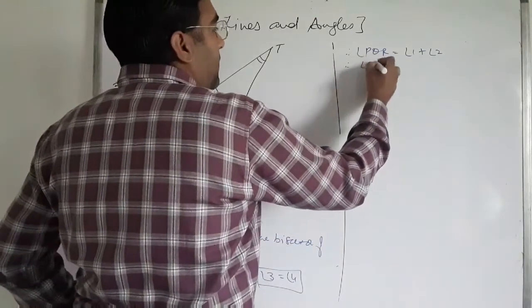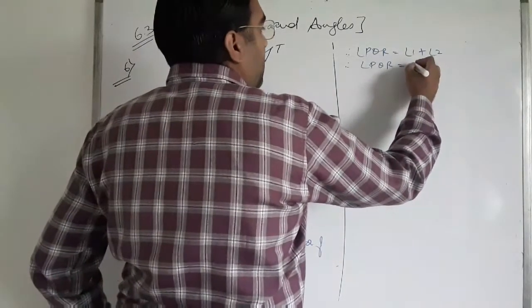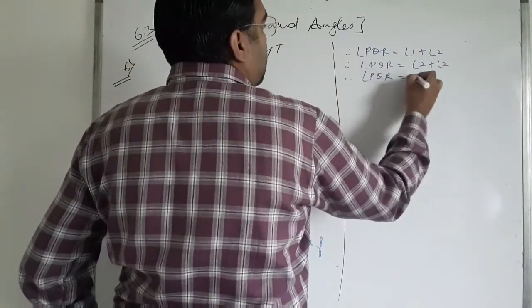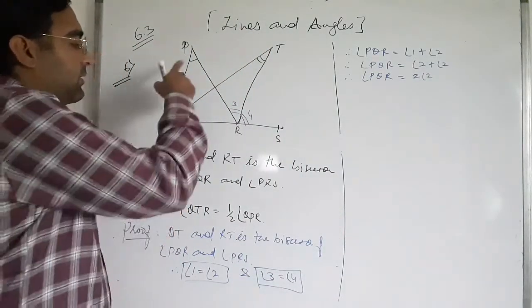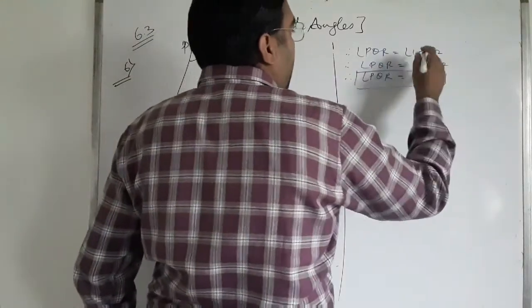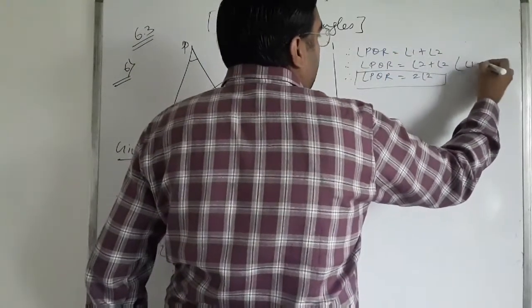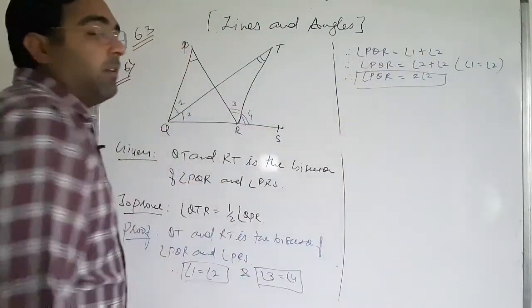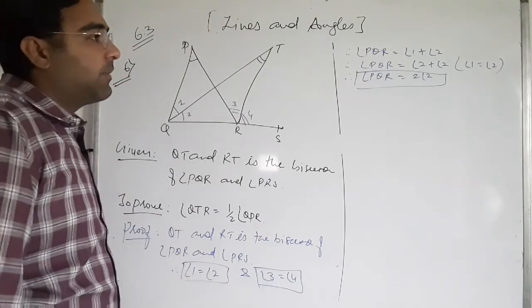Therefore PQR is equal to angle 2 plus angle 2, so PQR is 2 times angle 2, because angle 1 and angle 2 are equal as given.